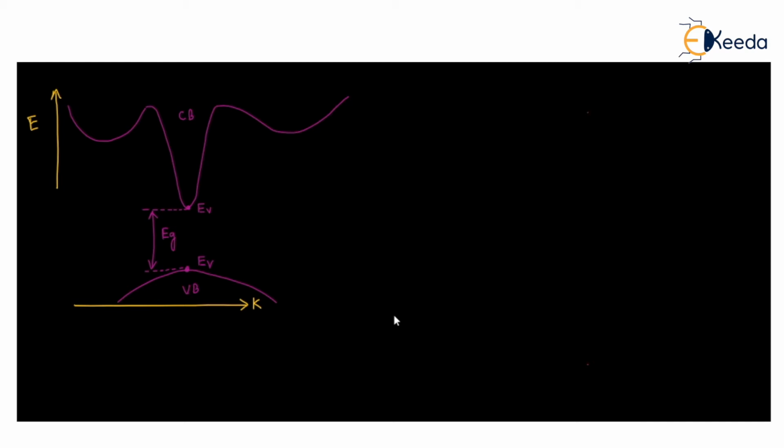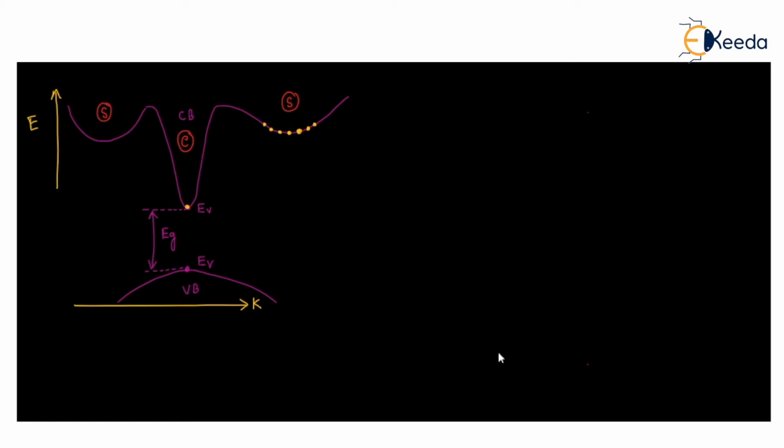Now we can see that this is the central valley. This is the satellite valley. This is also a satellite valley. Now suppose we have some electrons here. Suppose these are the electrons that are residing in this satellite valley.